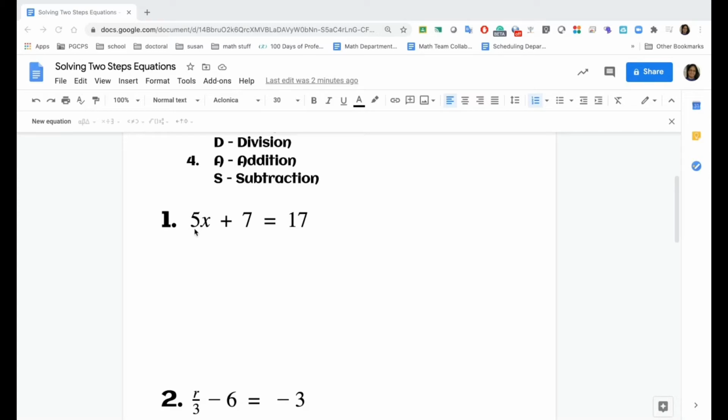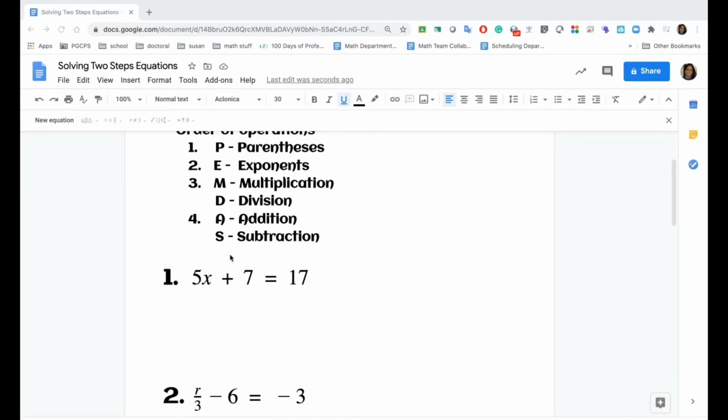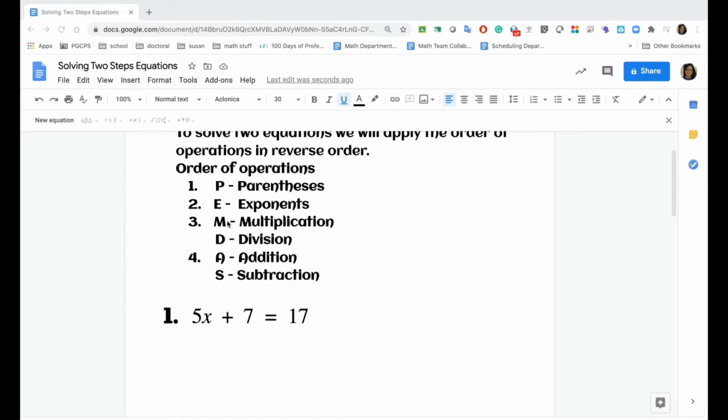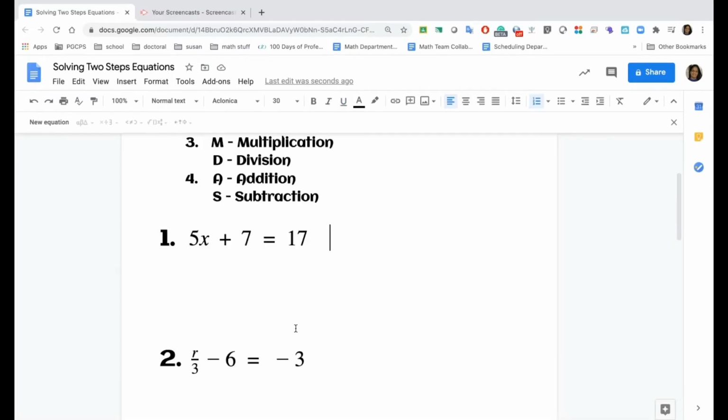So 5 is being multiplied to x and then added to 7 in order to get 17. If you look at the order of operations, multiplication comes first before addition. Therefore, in reverse order, we undo addition first, followed by multiplication.